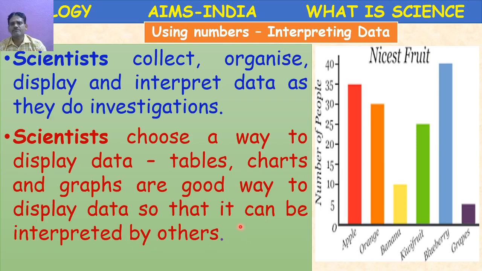Okay, the data must be very simple. For example, here one data set is given, which is the nicest fruit. Here the number of people, the data is collected.